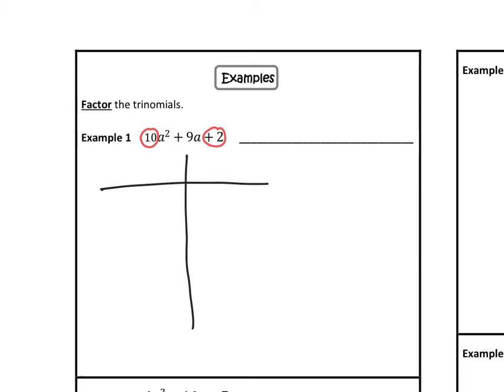Multiply on the left, add on the right. We want to multiply to get 20, and we want to add to get 9.